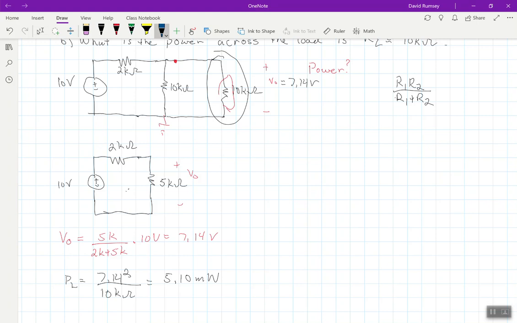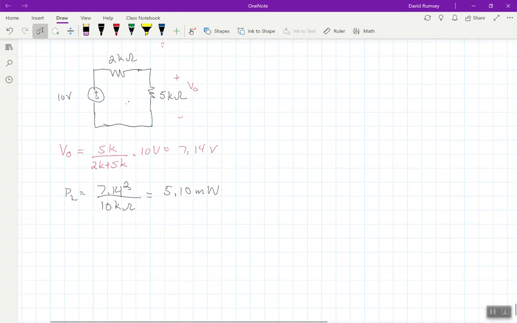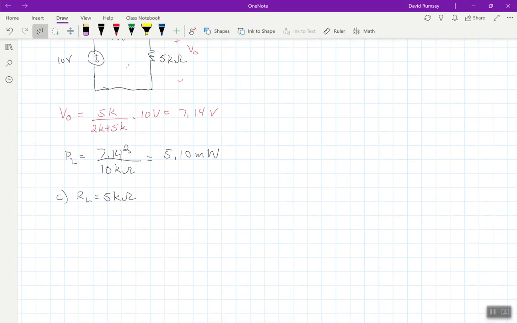So you're like, okay, well, that's great. But let's look at this with another resistor value here, and let's go ahead and do this computation one more time. Part C. This time we're going to make the load resistor 5 kiloohms. We'll just do some approximation values here.